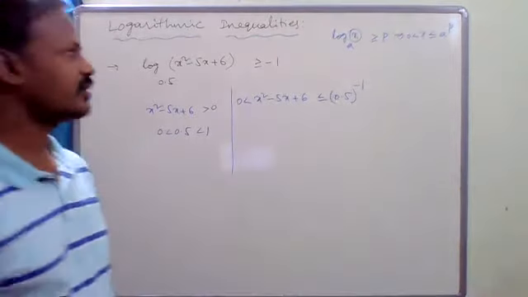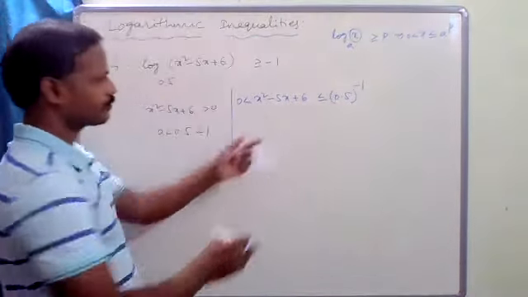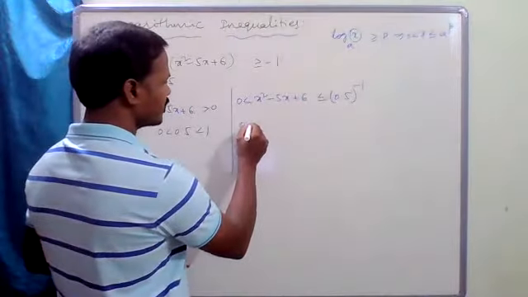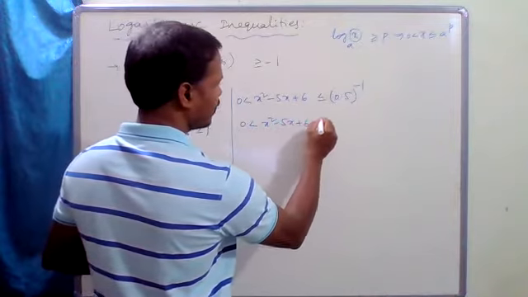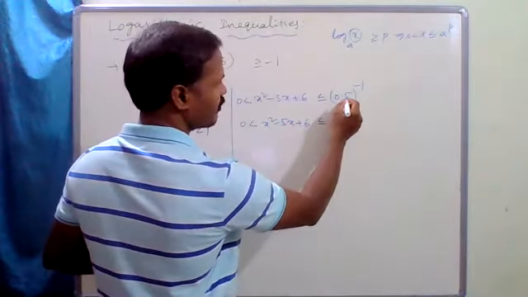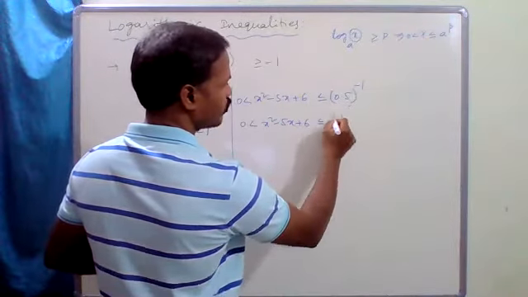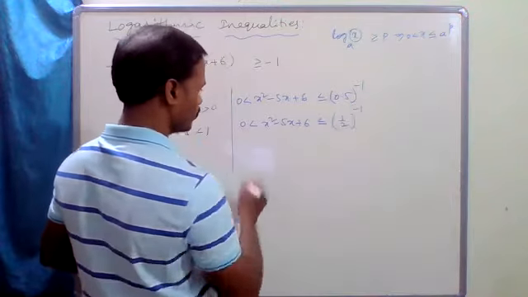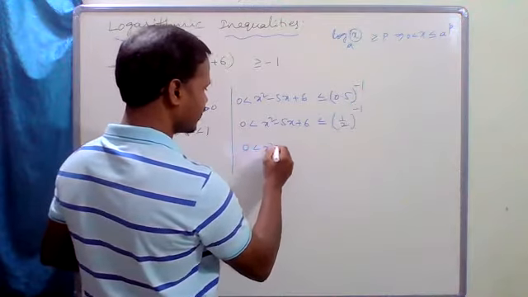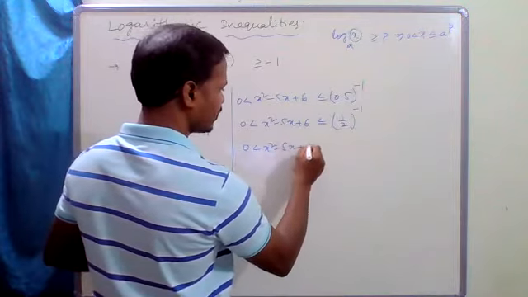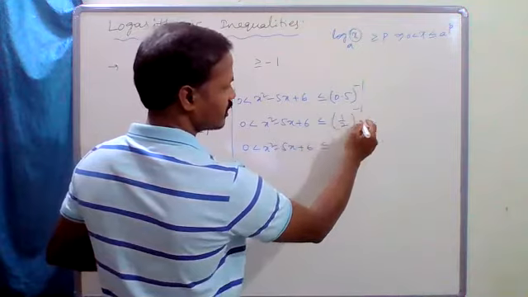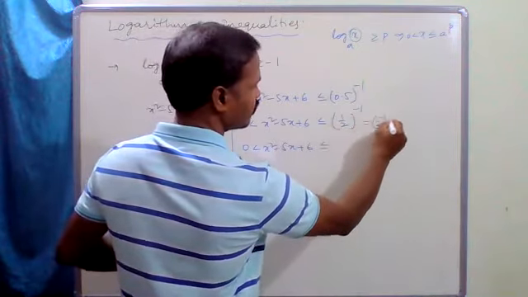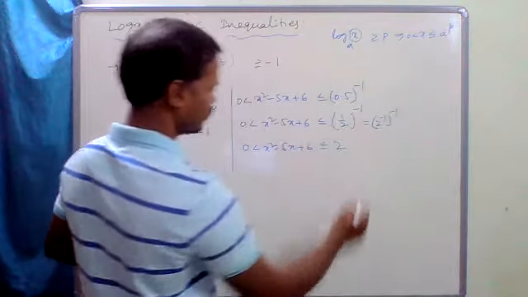Yes, the sign will be changed. Now this is 0 less than x square minus 5x plus 6 less than or equal to 0.5, which means 1 by 2, to the power minus 1. So 0 less than x square minus 5x plus 6 less than or equal to (1 by 2) power minus 1, which is 2.